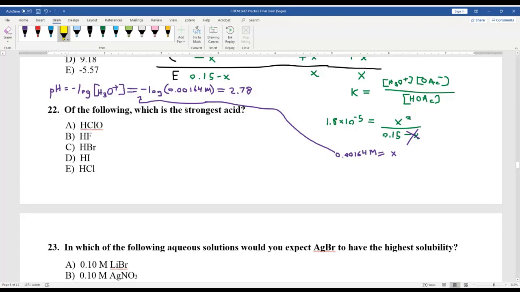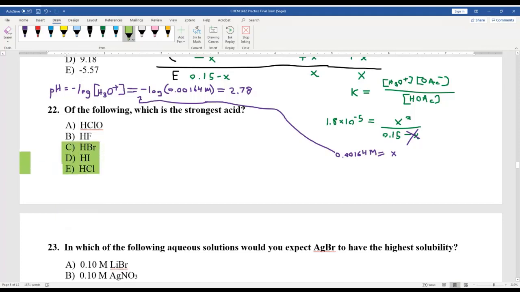It's a little bit more complex when you get into organic chemistry, but simply speaking, you should have the 7 strong acids memorized. If I look at these, the only strong acids that I have are the last 3. So these are the only strong acids I have.